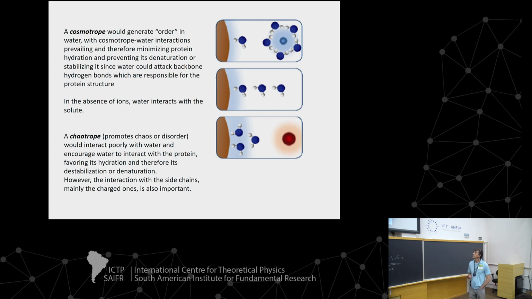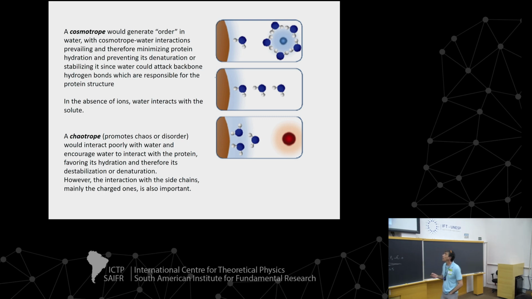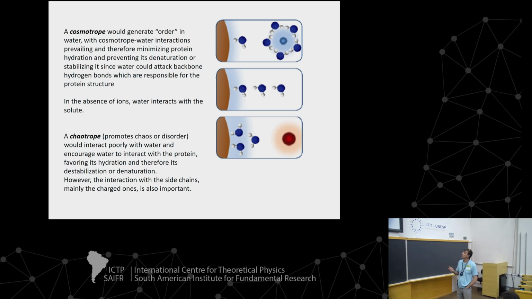Okay, here. And we can speak of cosmotropes in the sense that there are ions that promote the order of water, that interact strongly with water, and in that sense, they are preventing water molecules from interacting with proteins.